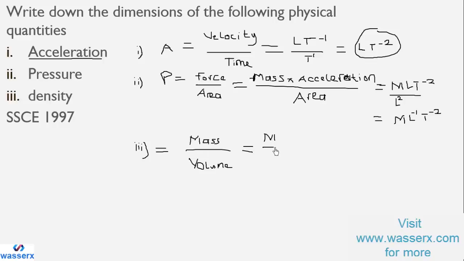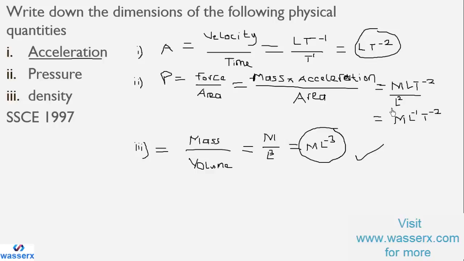So we have m over length cubed, which simplifies to mass per length cubed. So the dimension of density is mass per length cubed.